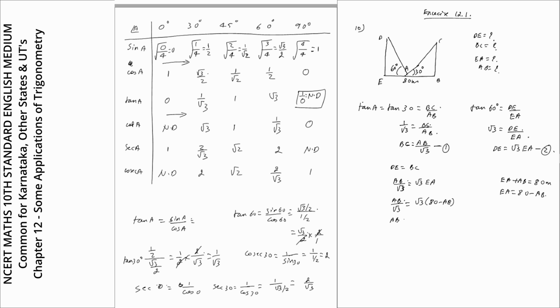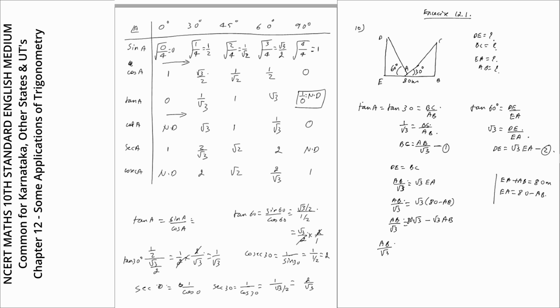So AB by root 3 is equal to, now I'll open the bracket, root 3 into 80 is 80 root 3 minus AB into root 3 is root 3 into AB. Now I will bring the AB term to the left hand side.